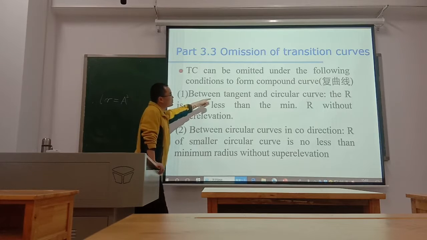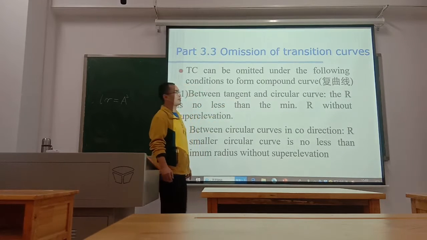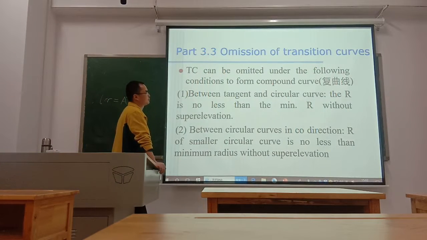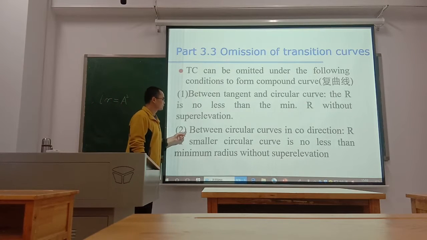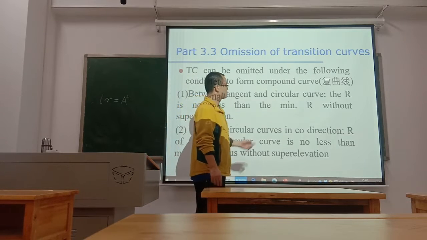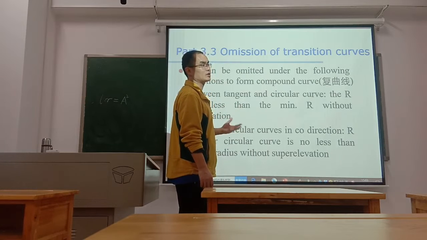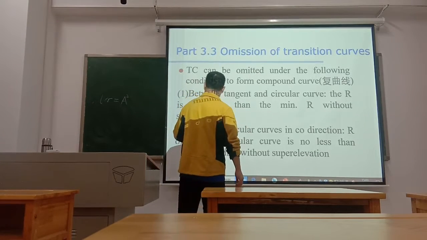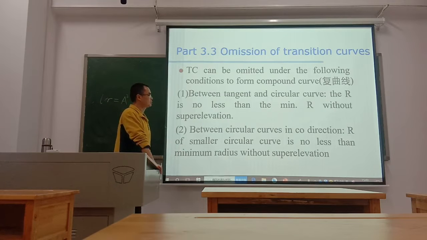One: between tangent, a straight line, and a circular curve, R is no less than the minimum R without superelevation. Two: between circular curves in the same direction, both left or both right, R of the smaller circular curve is no less than the minimum radius without superelevation.